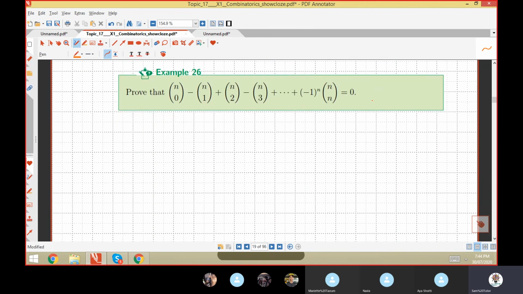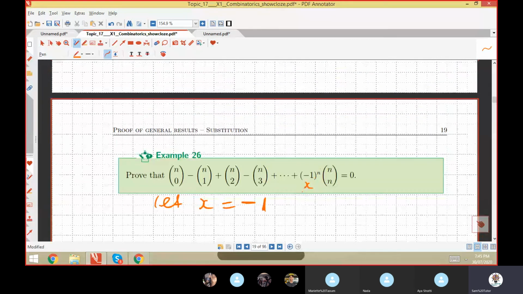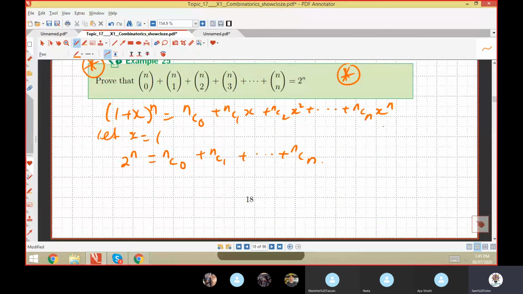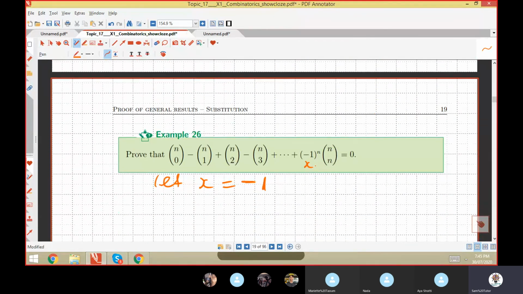All right, here we go. Who thinks they know the answer by just looking at it now? Let x equal to what this time? One. Minus 1, because that's x. Right? If you think about your x to the n, it's going to be attached at the end.